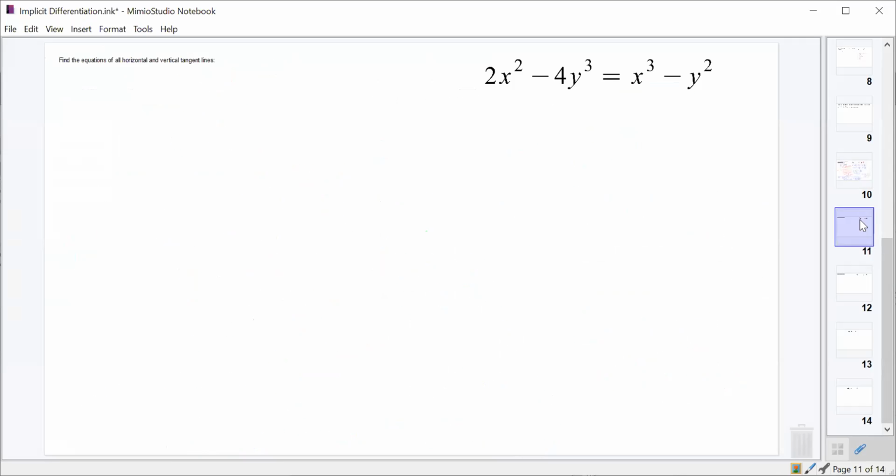Let's do another one. This time we want both the horizontal and the vertical tangent lines. So first we'll find a derivative. What's our derivative going to be?